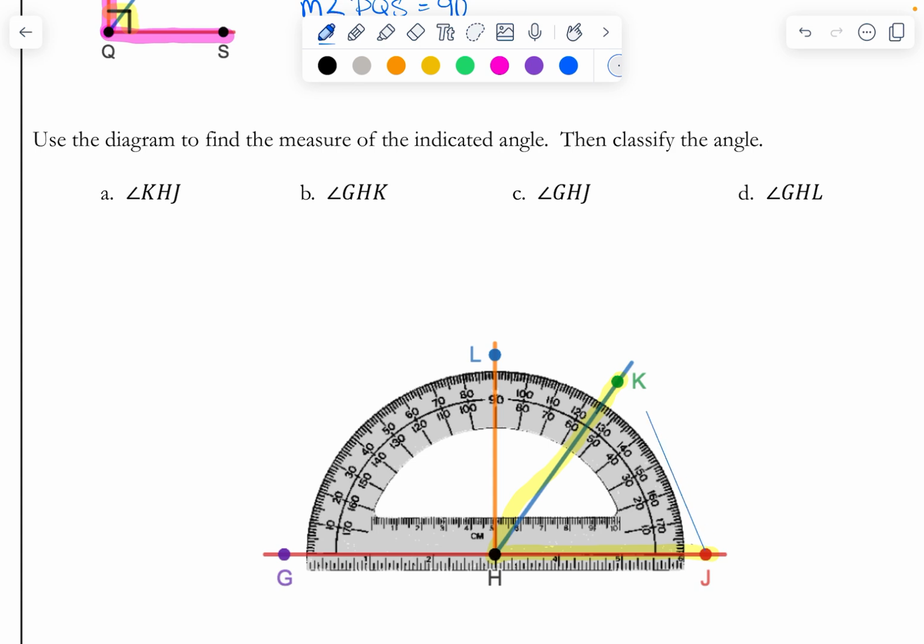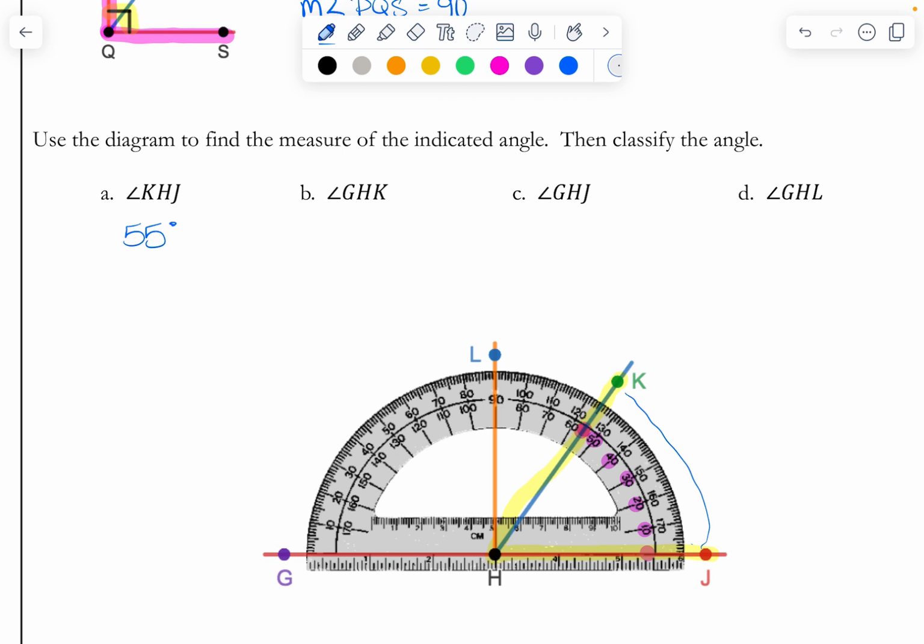So if I'm going in a straight line to K, I want to read the inside of my protractor. Notice that the inside are the smaller numbers. So I'm at 0, 10, 20, 30, 40, 50, and then I'm right in the middle of 50 and 60, so it's going to be 55 degrees.